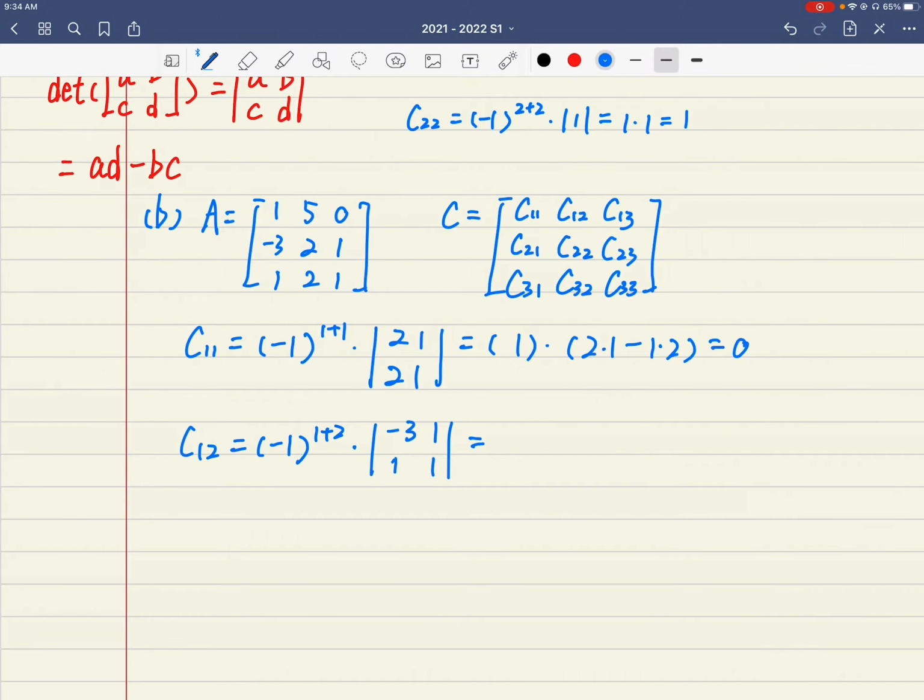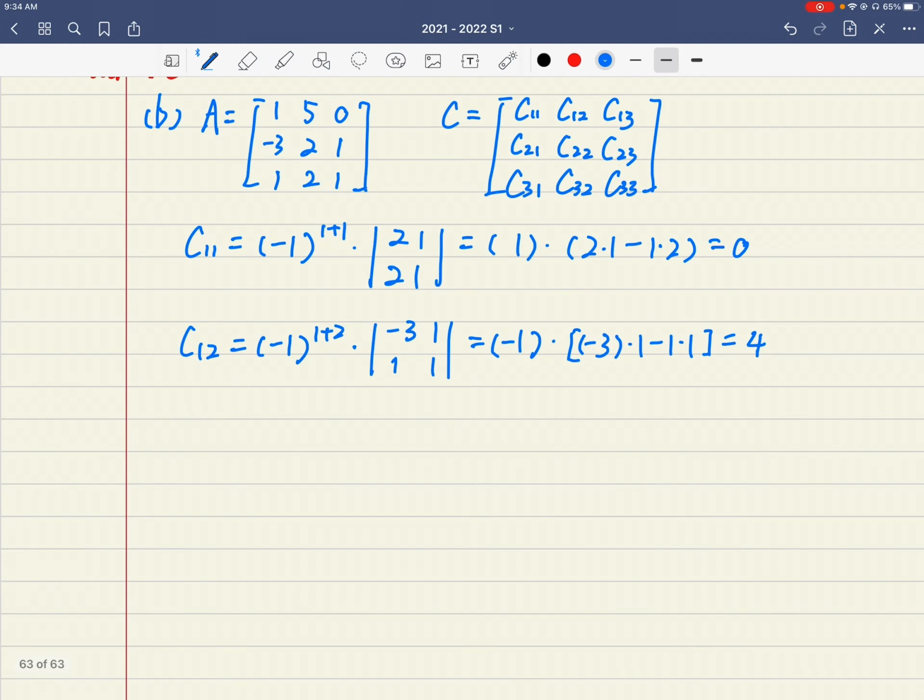But here it's -1 to the power of 3, it's -1 times the determinant, which is this product minus this product. So it's -3 times 1 minus 1 times 1. This part is -4. This part is -1. So the product is 4.